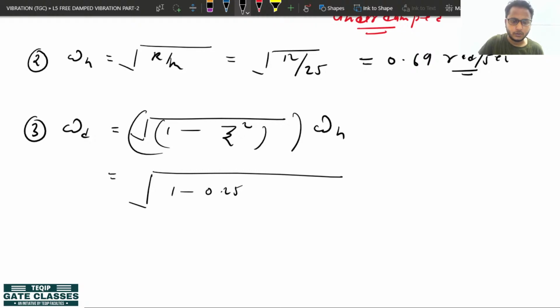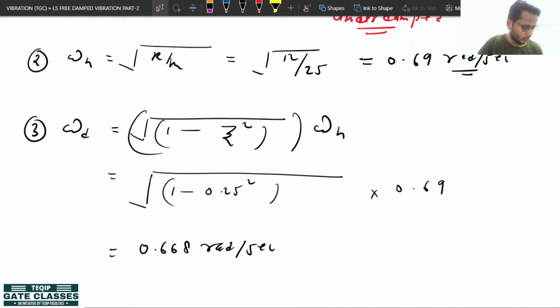So 0.25 square, 1 minus the answer, root of the answer, multiplied by 0.69. It is coming out 0.668 radian per second.